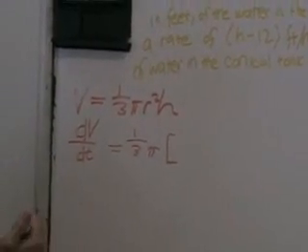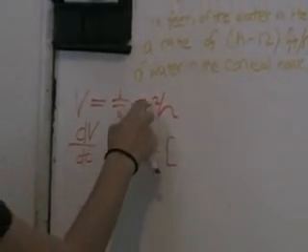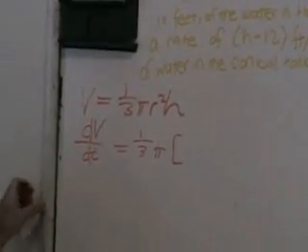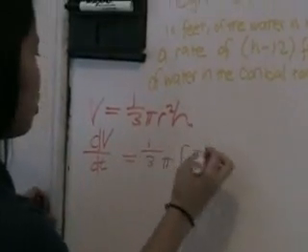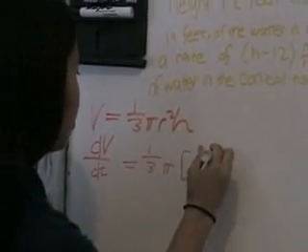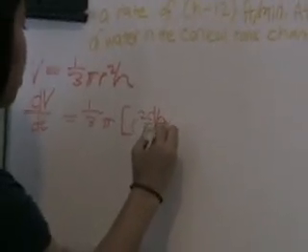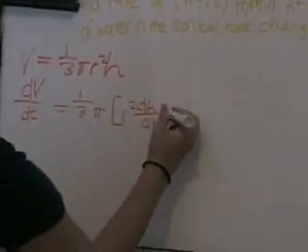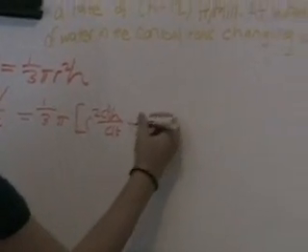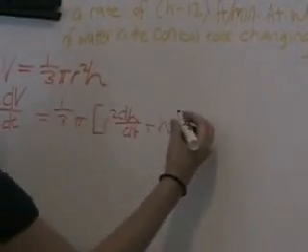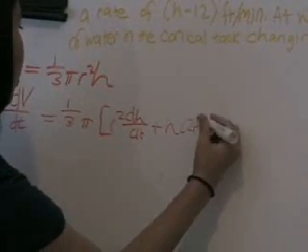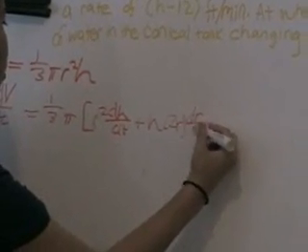So we're going to use the product rule, and since it's r squared, we're going to have to use the chain rule. So r squared, and the derivative of height is dh over dt. And we're going to add h, and now we're going to differentiate r squared, so 2r dr over dt.